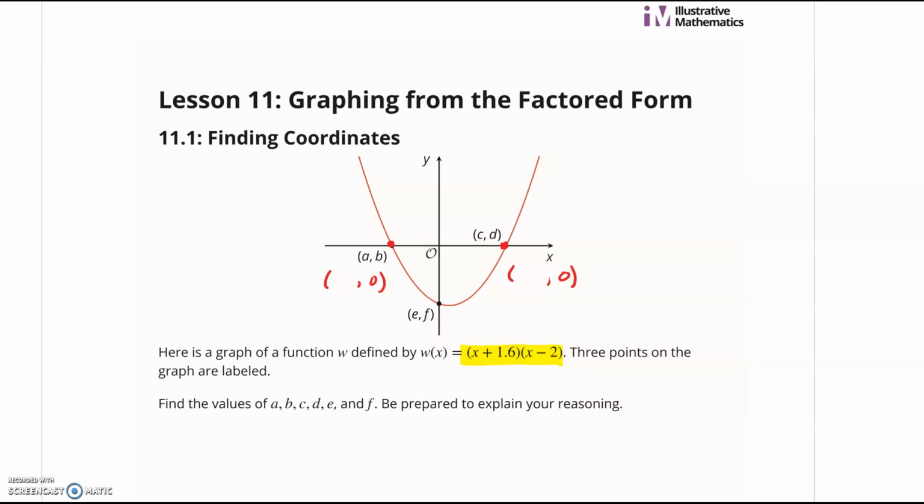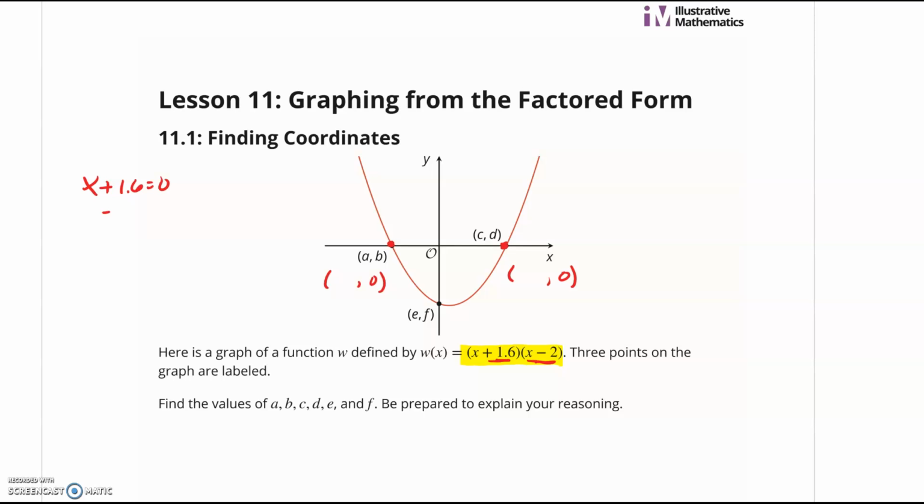I know that A is going to be a negative value because it's left of the y-axis. So to find that value, I remember that these x-intercepts were the opposite of what was inside, or even better, would be to take what's inside, x plus 1.6, set it equal to 0 and solve.